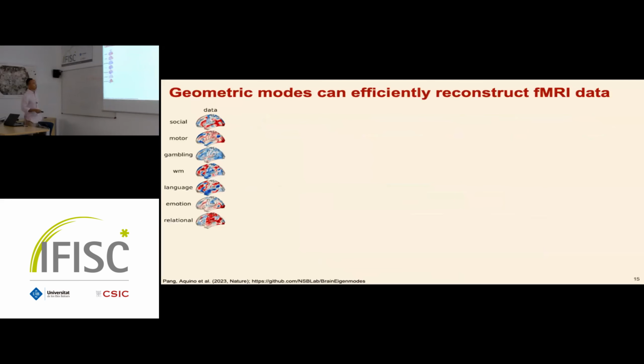All right. So when we did this, I'm going to start with the story. I'm showing you here a typical task fMRI map, and these are group averaged, so that's why it looks a little bit smooth. This is from the Human Connectome Project, if you've heard of it.